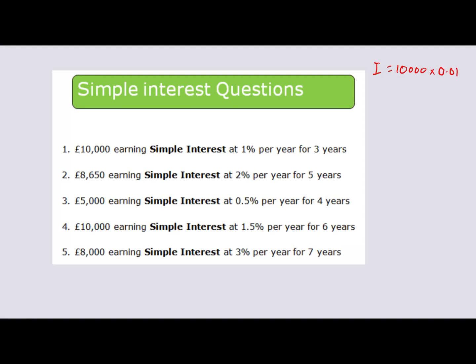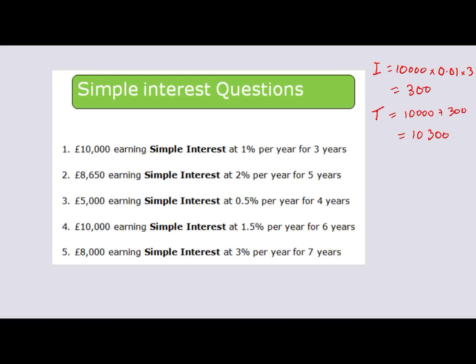Let's just look at the first one. How much interest would you earn? Well, you're starting off with $10,000 and you would earn 1% interest. 1% is 0.01 and you're earning that for 3 years. So you're going to put that into your calculator: 10,000 times 0.01 times 3 means you are earning $300 in interest.